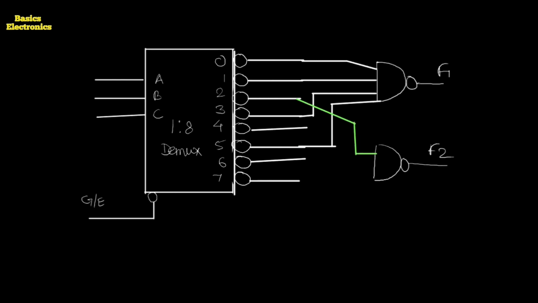Here is the two number, then the fourth number, and last one is the sixth number. Okay, so this is the implementation by using the NAND gate and by using the OR gate.